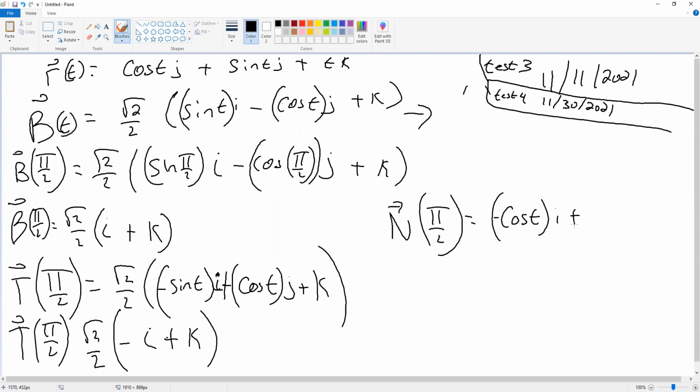I have negative sine t. Okay, alright. Perfect. And it is no k, right? No k. Plug this in, we're going to get 0 i, right? Minus k. And 0 i just goes away.